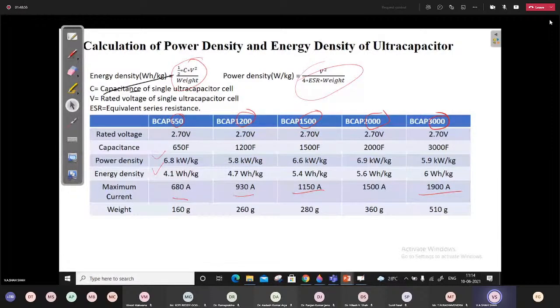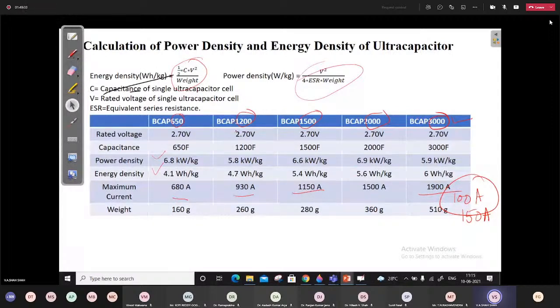But this 3000 Farad capacitor can supply around 100 ampere or 150 ampere of current, depending on how you are connecting them, how many of these are connected in series and parallel.